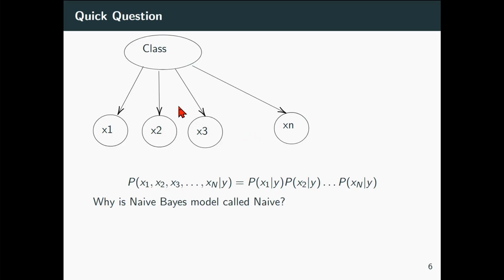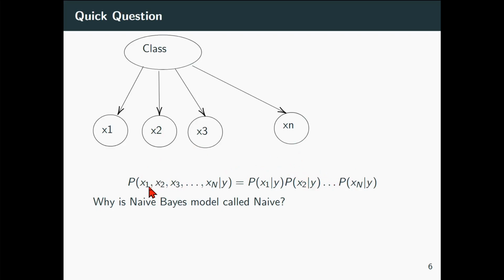Then you might ask the question, why is naive Bayes called naive? What is so naive about it? The naive thing about naive Bayes is that if you were to look at this particular graphical model, this Bayesian network, you could easily write the factorization as follows.